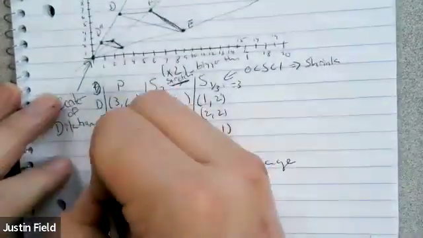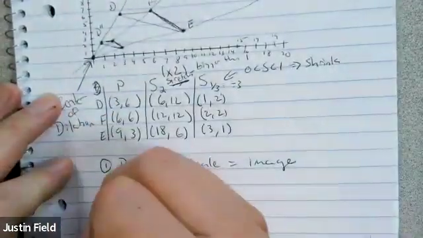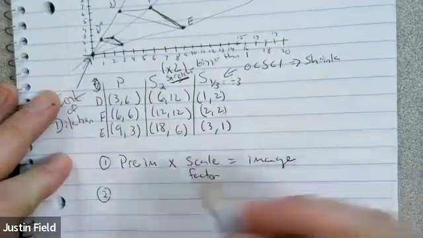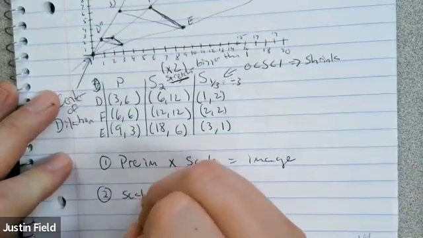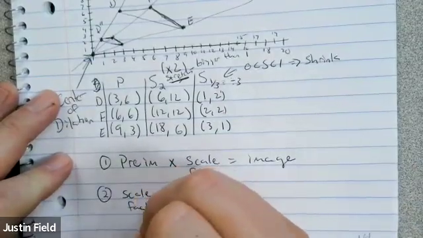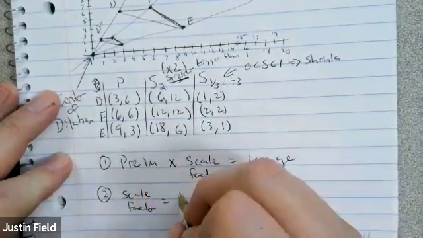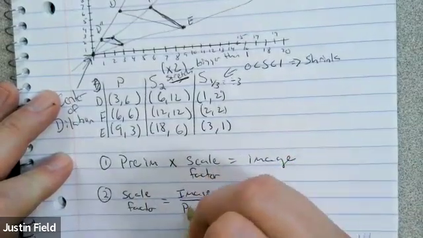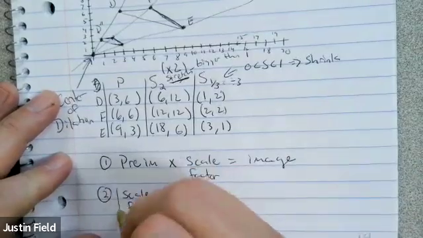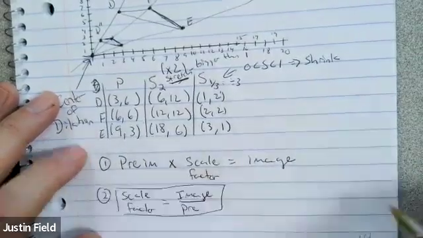So this is one formula you need to know. A second formula, which is just another version of this formula, is that the scale factor, as I said previously, is the image over the pre-image. You definitely want to know that.